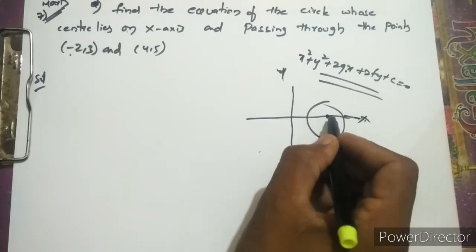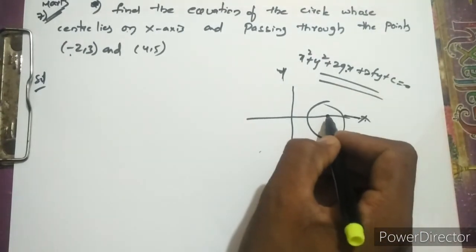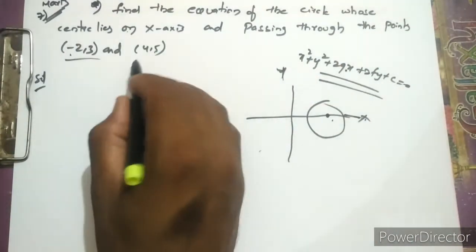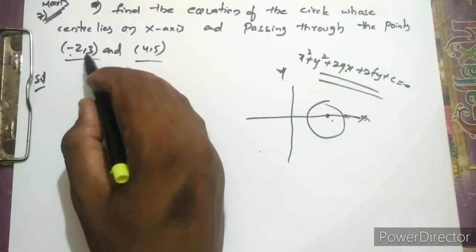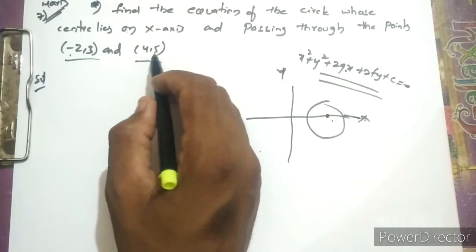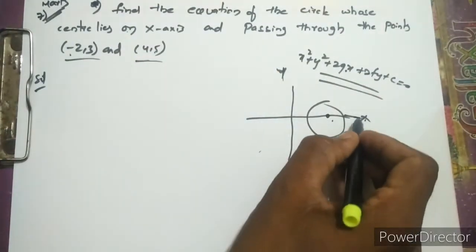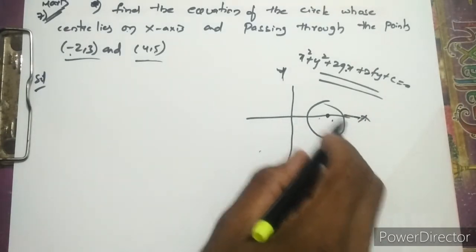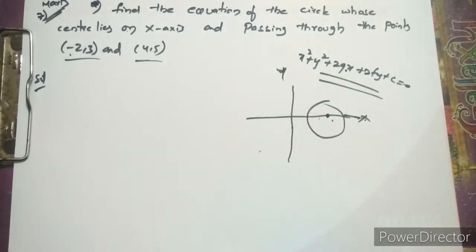So this is the x-axis. The center of the circle lies on the x-axis and passing through these 2 points. So first point is -2, 3 and second point is 4, 5. So the circle center is on the x-axis, so the y coordinate becomes 0.